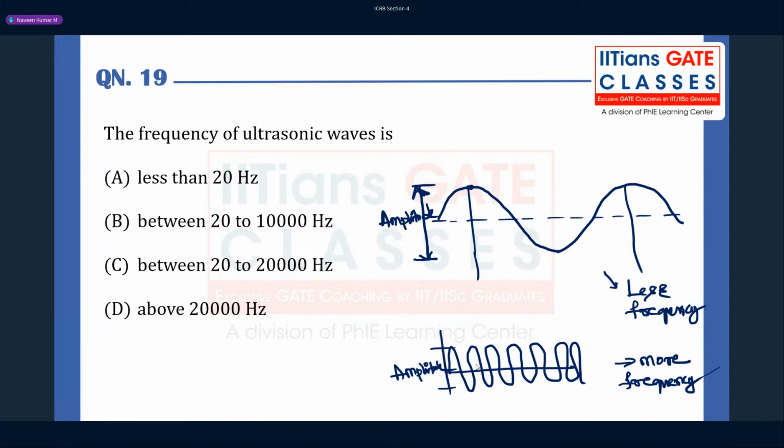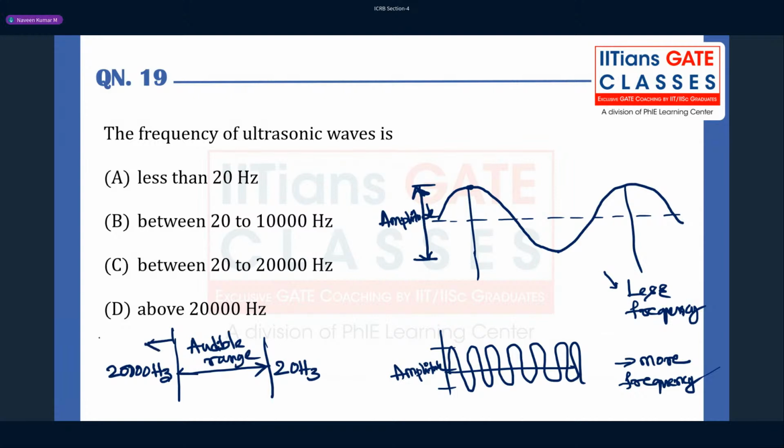So generally, if you see, the range varies from 20 hertz to 20,000 hertz. Why am I writing it like this? Because this range is your audible range, where a human ear can listen.